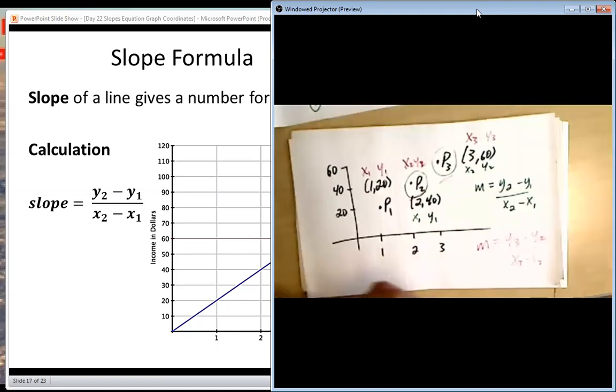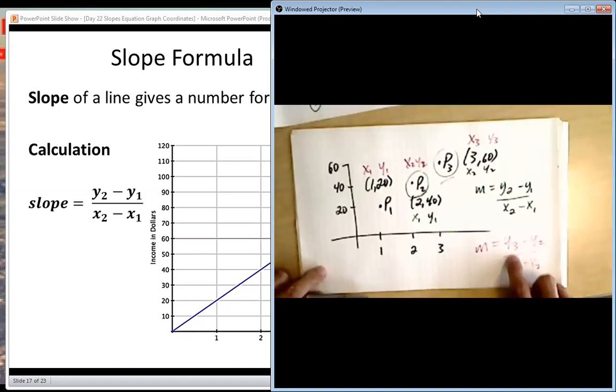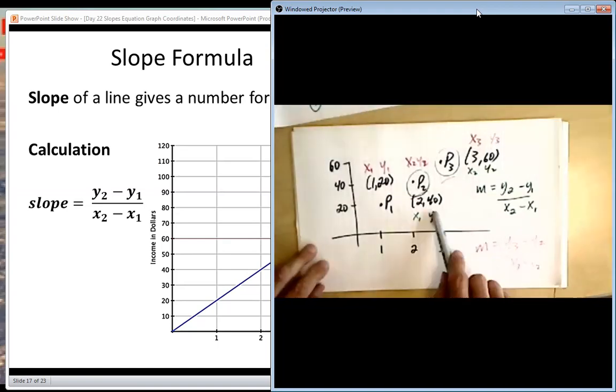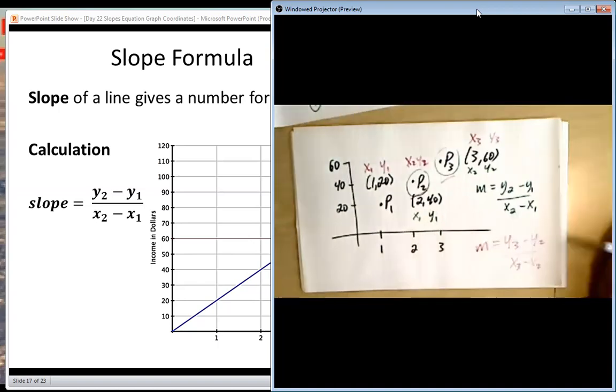Put the numbers in, work it out. See, x, y for point 3 minus x, y for point 2. The short answer, or I think the best way to do it, is within green here. Find them, label them, and then work through it in the regular way.